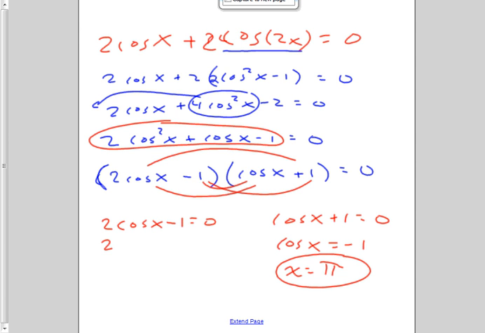And we get 2 cosine x equals 1. Cosine x must equal 1/2, and we know trig really well. This happens when x equals pi over 3. So these two values are when my derivative equals 0.